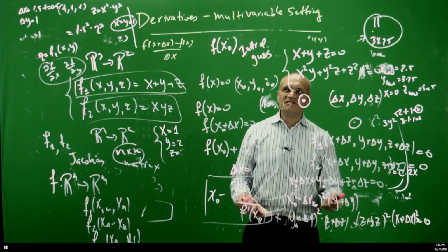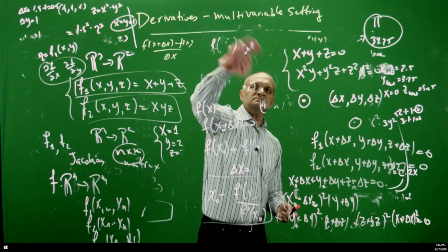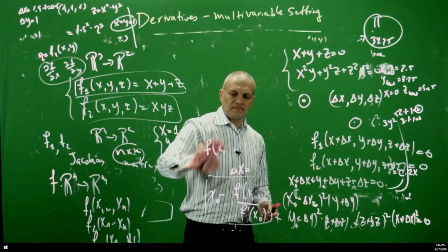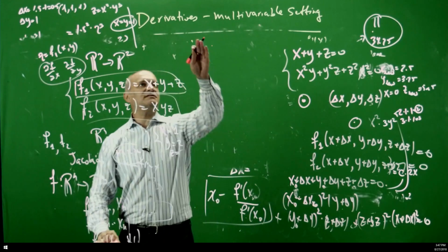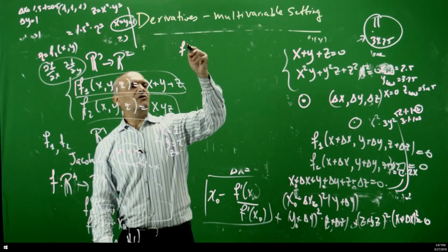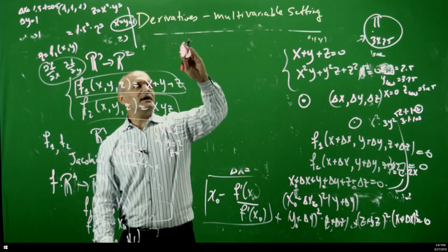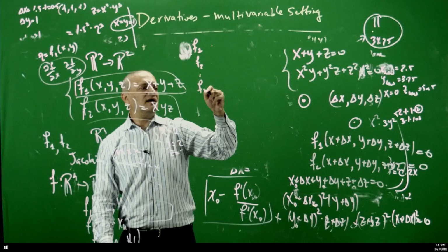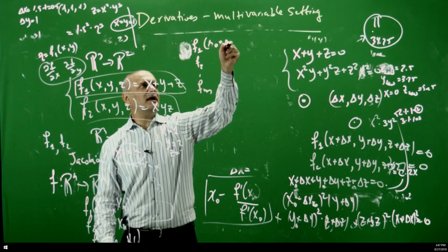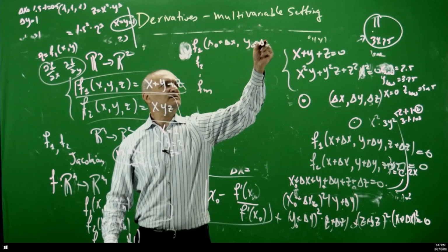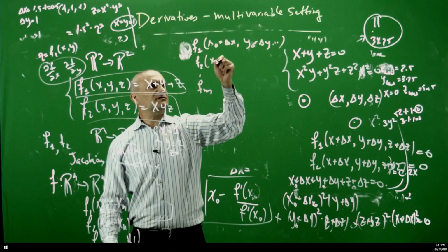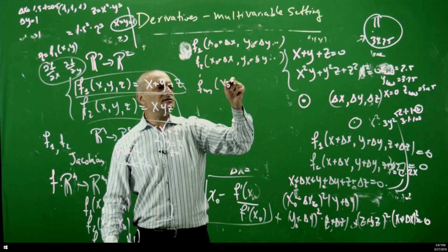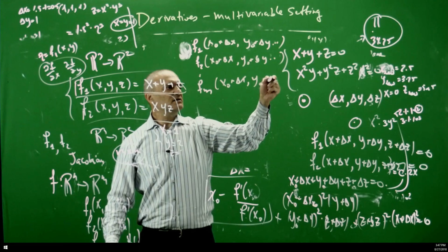Well, I'm going to use the derivative formula. I know that in this case, take my vector f1, f2, up to fm, evaluated at x0 plus delta x, y0 plus delta y, and so on.